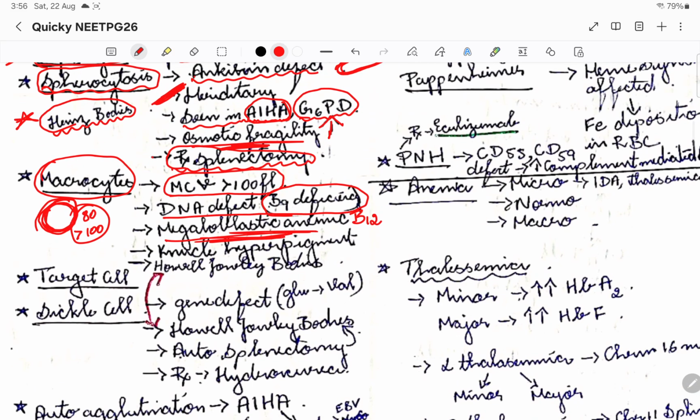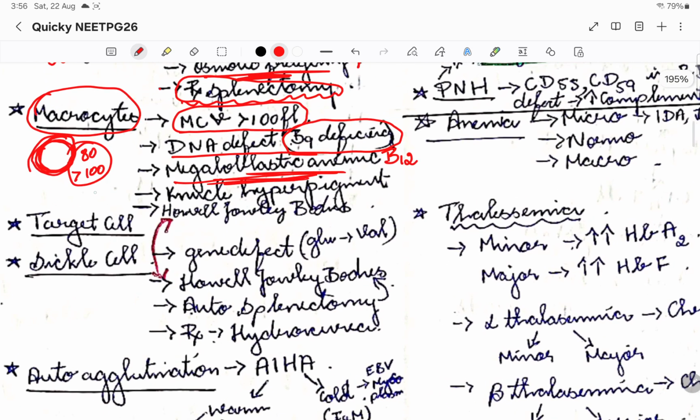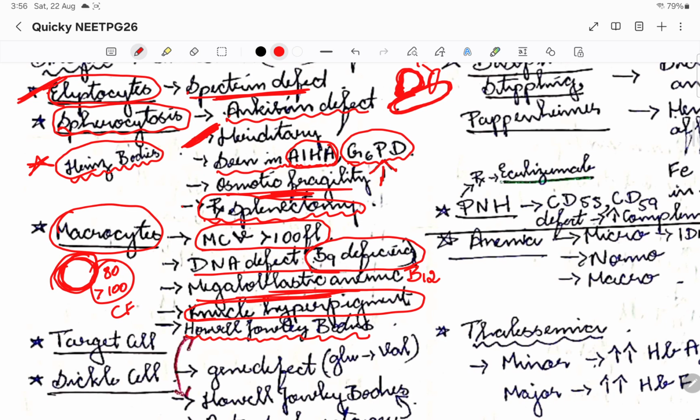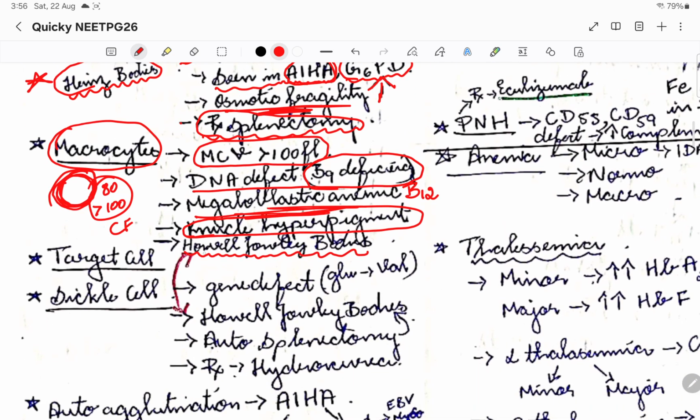The clinical feature that the patient will present with is knuckle hyperpigmentation. Then in histology, we'll see Howell-Jolly bodies. Heinz bodies are in hereditary spherocytosis, whereas Howell-Jolly bodies will be in megaloblastic anemia.